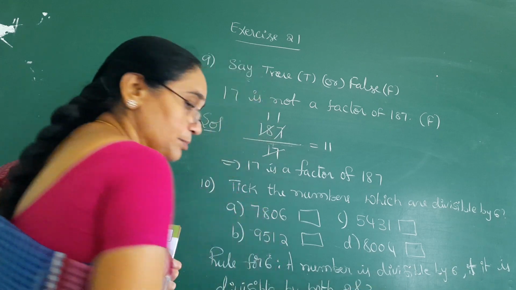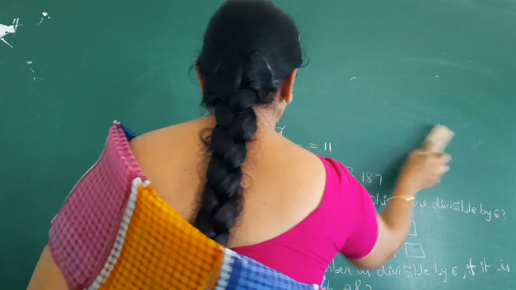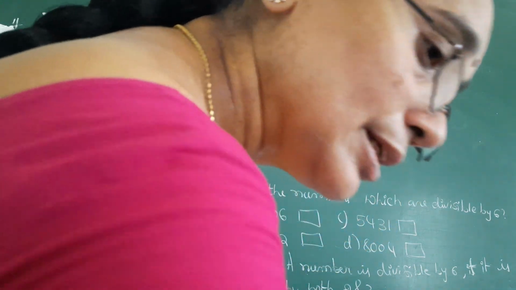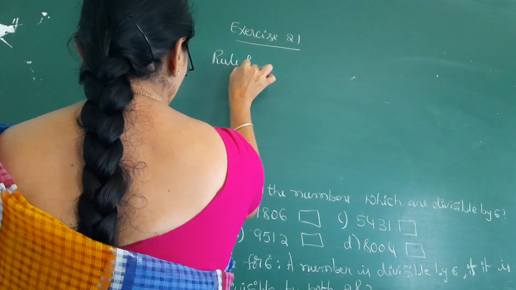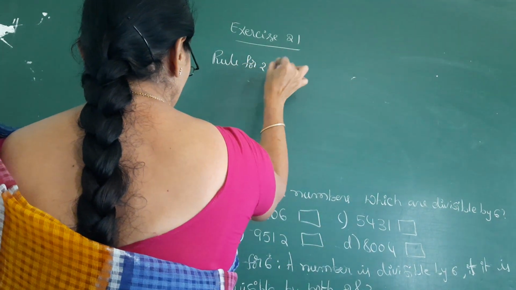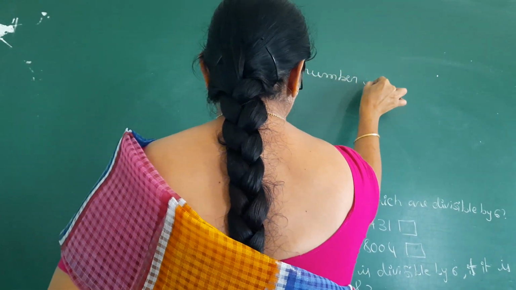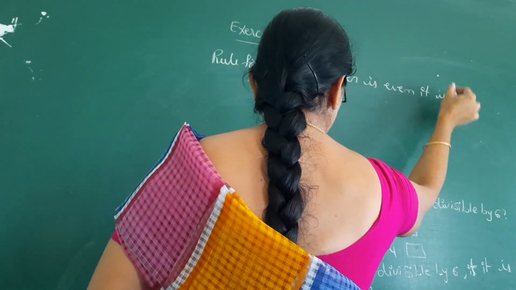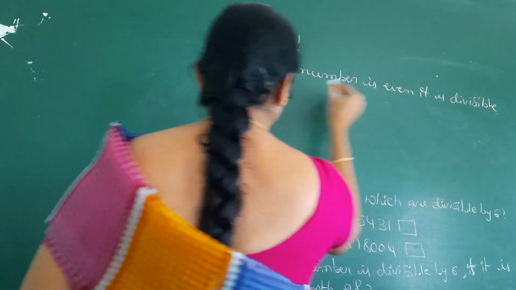Already you know the divisibility rules, I explained in the previous exercises in mental maths. Rule for 2: a number is even, it is divisible by 2.